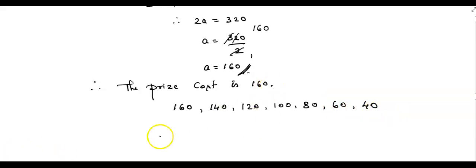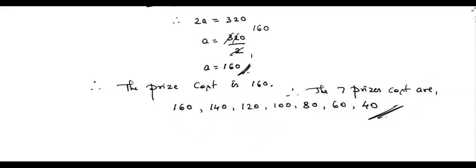Therefore, the 7 prizes, you can write like this heading. Therefore, the 7 prize costs are 160, 140, 120, 100, 80, 60, 40. So this is the final answer. Any doubts? Understood the concept?